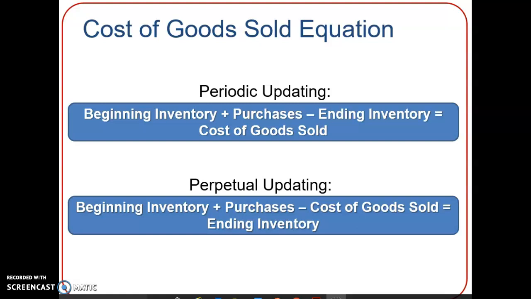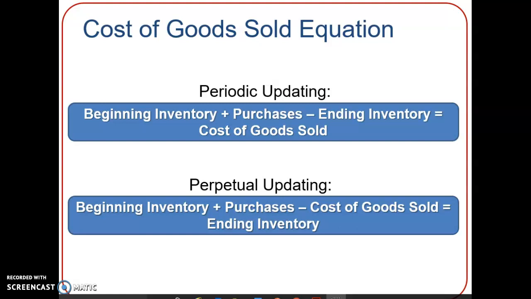That's the only way under the periodic method we can figure out the CGS, because at the end of the period we do an inventory count, decide the value or cost of the ending inventory, and then we can figure out the CGS. So the second part, deciding the cost of the ending inventory, is the core focus of the current chapter, Chapter 7.